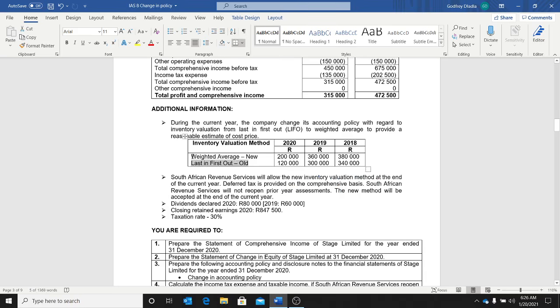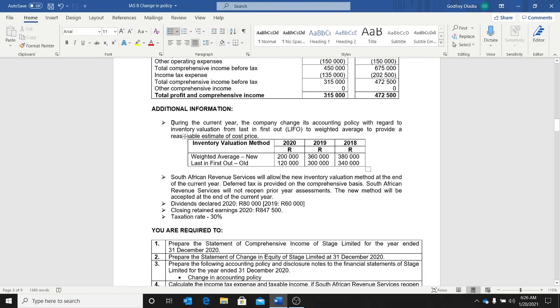And the new one that we want to adopt is the weighted average. Right, they've given you the years there at the top and the amounts. So these figures that they've given you here are closing inventory figures, okay? Closing inventory figures, right? So they've calculated them, and they're saying if you were using weighted average, these were the closing inventory figures for those years. Using the old method that you are using, these are the closing inventory figures.